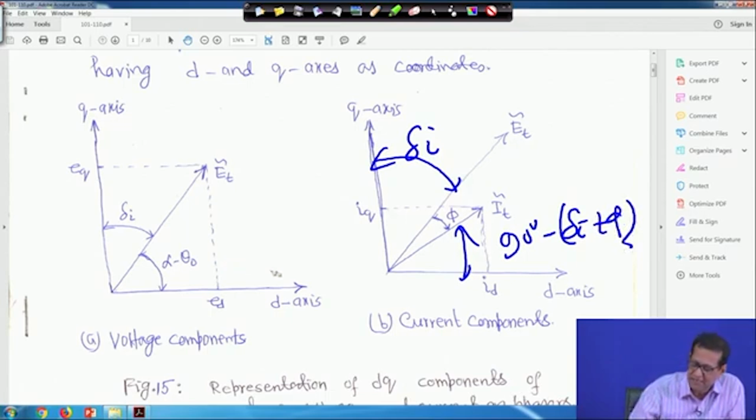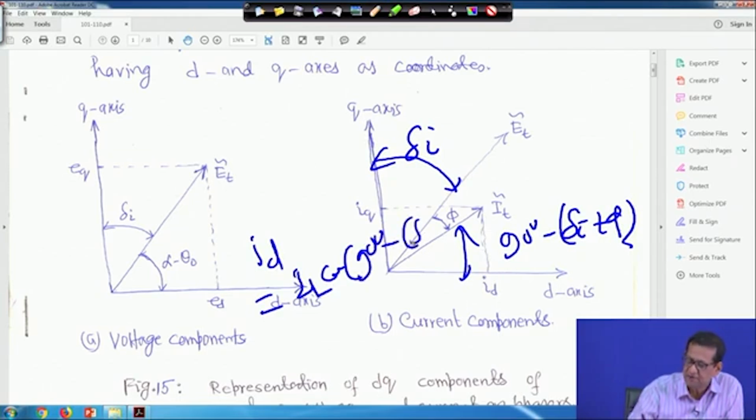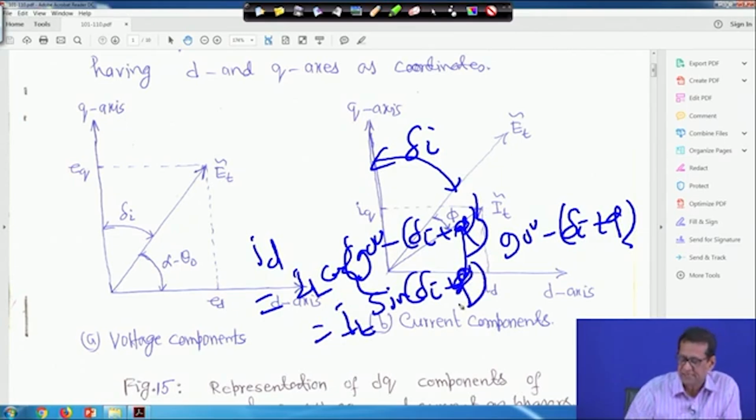Therefore, ID is equal to IT cos(90 degrees minus (delta I plus phi)), that is nothing but IT sin(delta I plus phi).